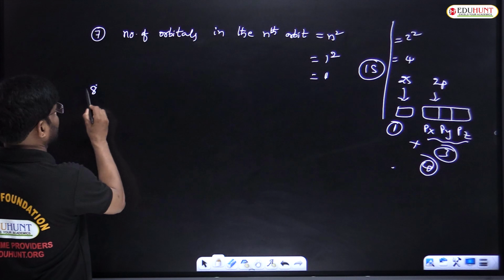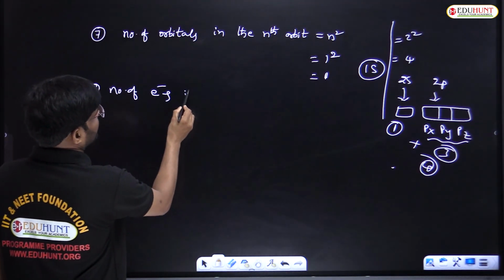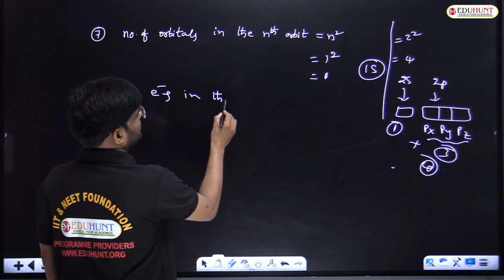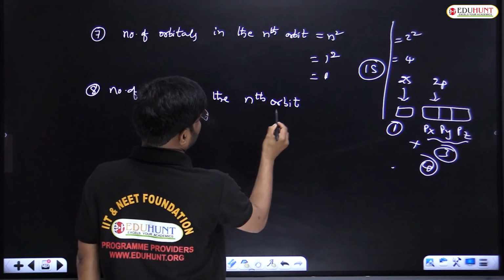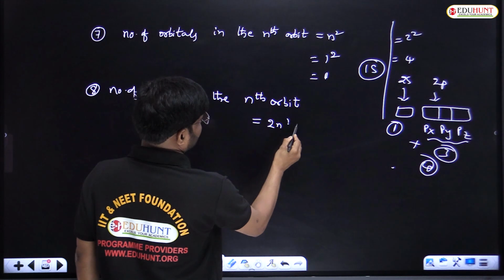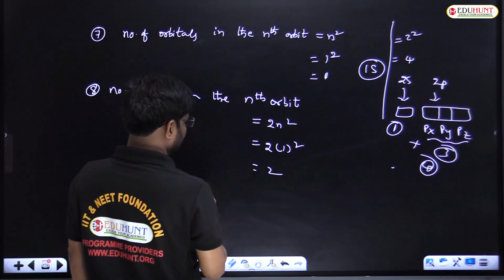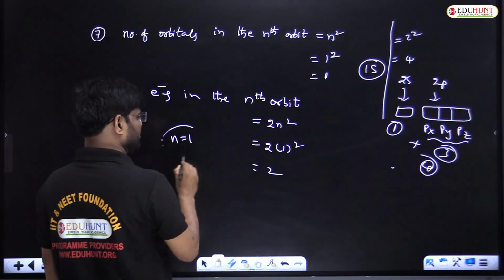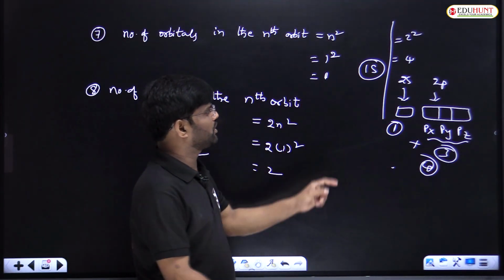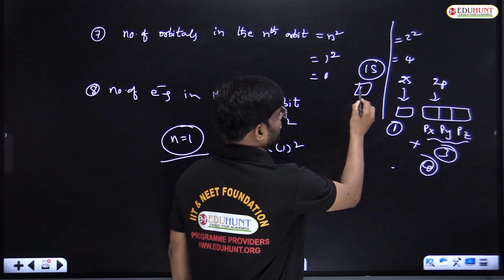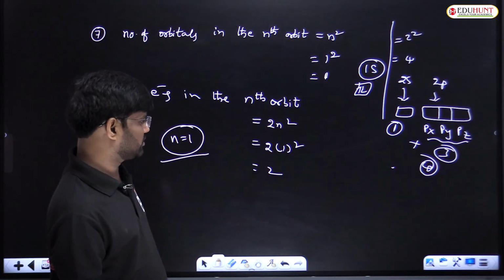Next, the 8th point: number of electrons in the nth orbit. The formula is 2n square. 2 into 1 square for the first orbit. How many electrons can you fill? 2 electrons in 1s, one in the upward direction, another in the downward direction.